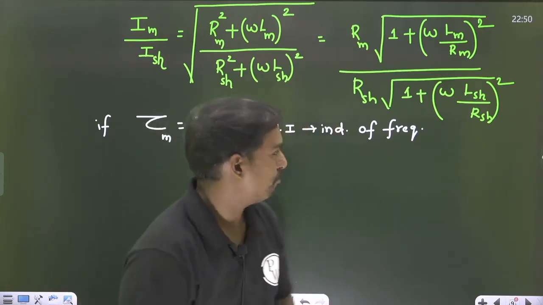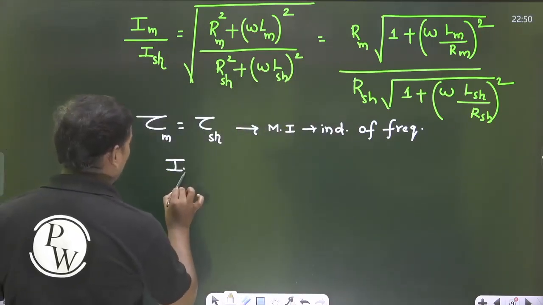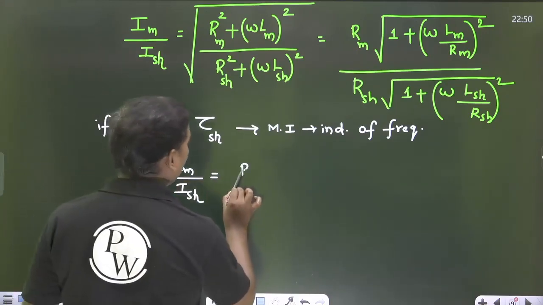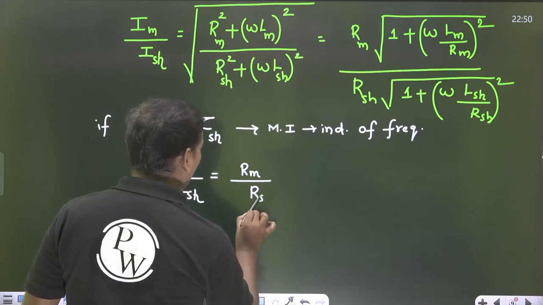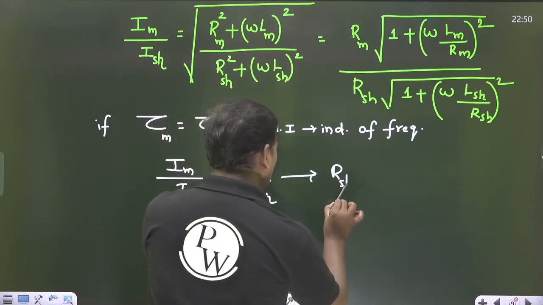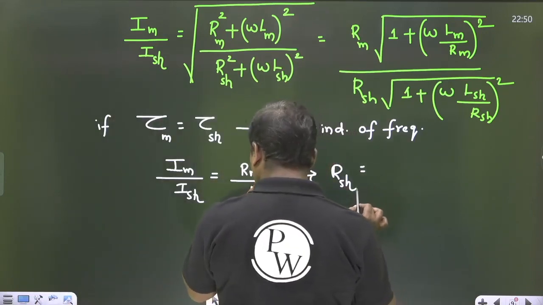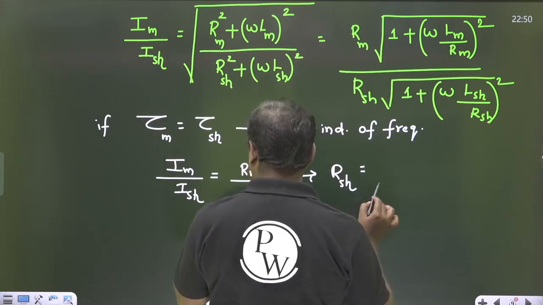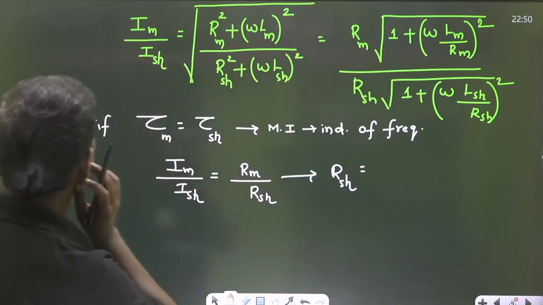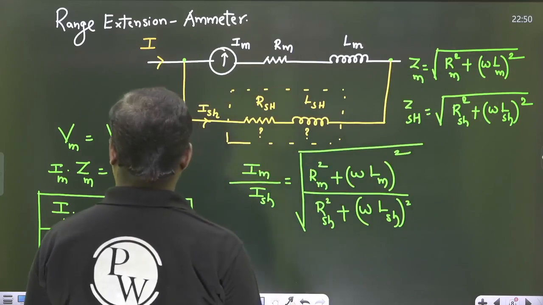So if the time constants are equal, then Im by ISH can be equal to Rm by RSH. As we want RSH, RSH will again be equal to... Rm into... Sorry, we have made a mistake here.